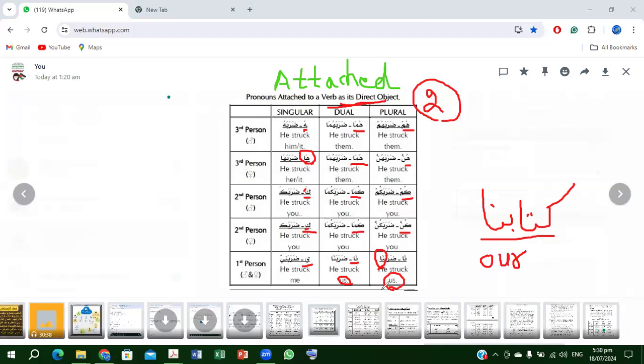So how are we translating us and our? Our will be the translation if it is attached to a noun, but us will be the translation when it is attached to a verb. Daraba is a verb. So is that clear? The second case of attached pronoun? Yes, ma'am. Alhamdulillah. Okay, let's quickly go to the next also.